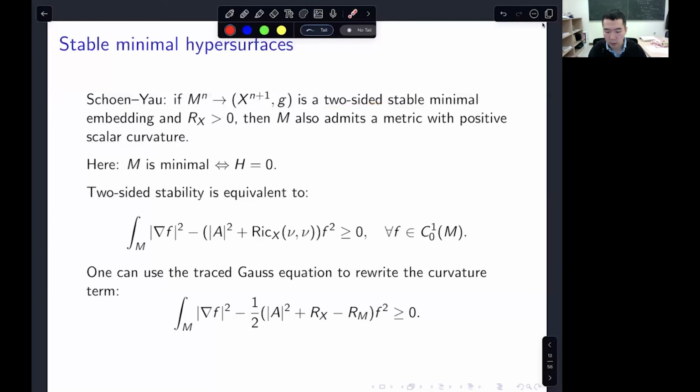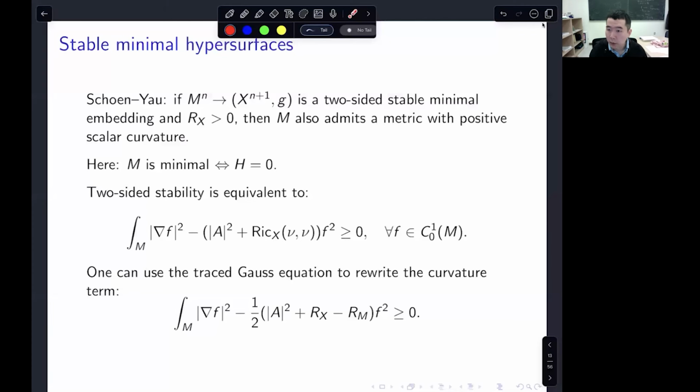Two-sided stability means that the second variation of the area is non-negative, and it can be written in the following eigenvalue condition: for every compactly supported function f, this quadratic form in f is non-negative. It has a gradient term and some curvature term times f squared.